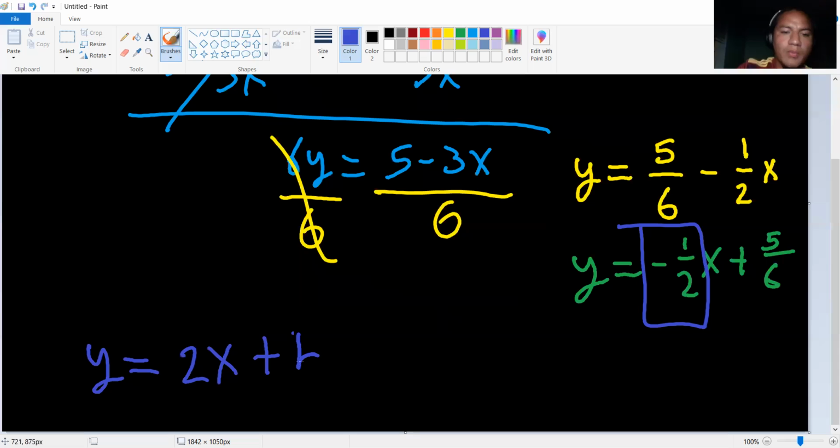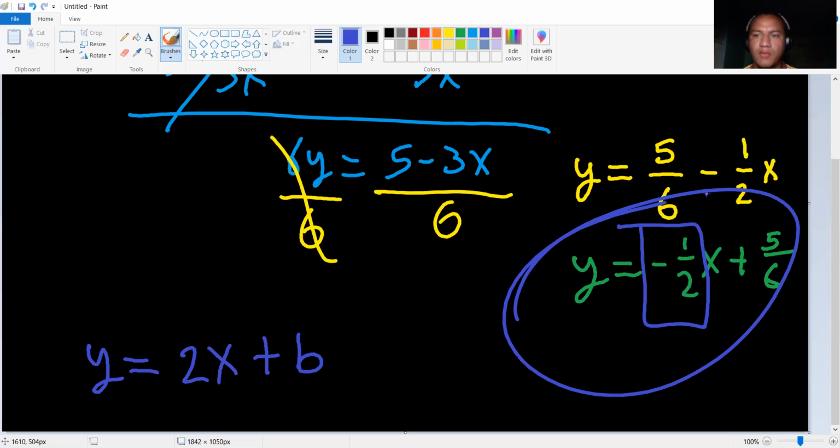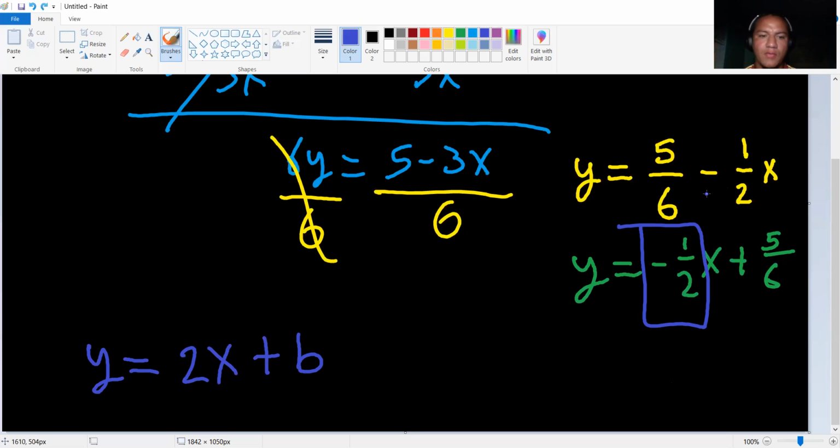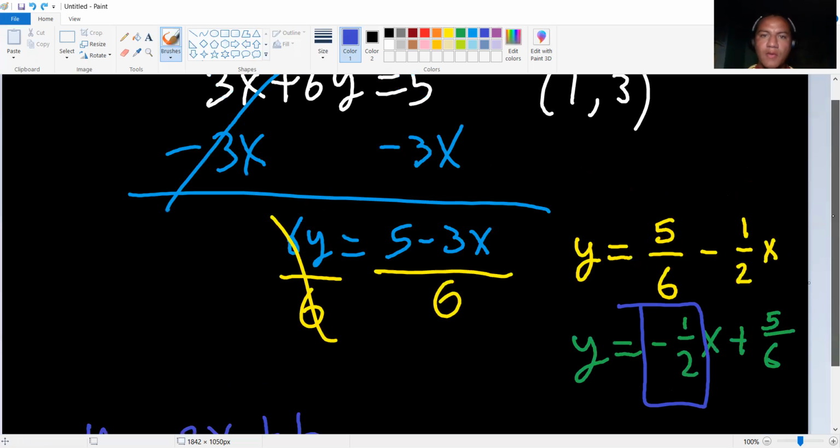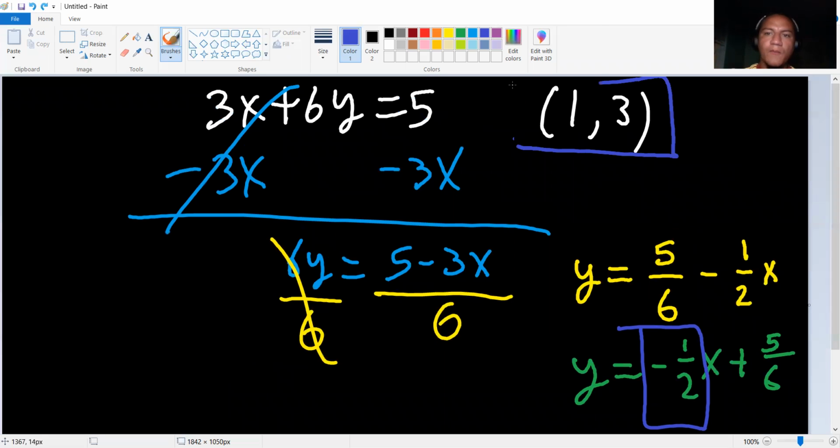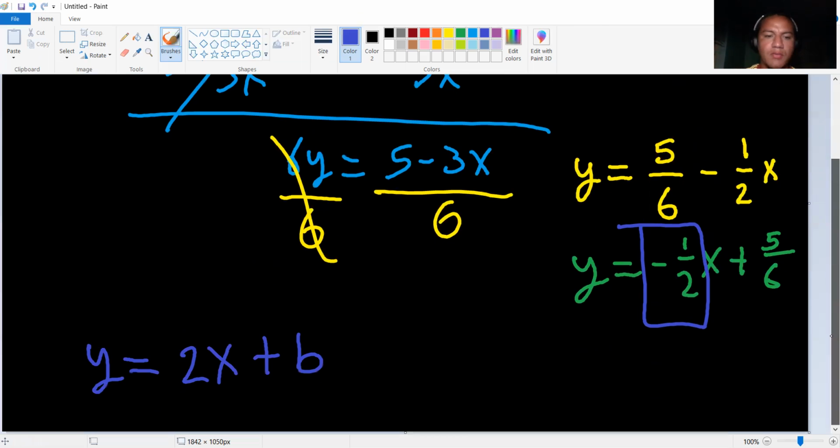Remember, we're not using this as b anymore because this is a new line. We just know that the slope is 2 because it's perpendicular to this line right here. The y-intercept is different. But we know one of the points, (1, 3). So simply just plug it in.